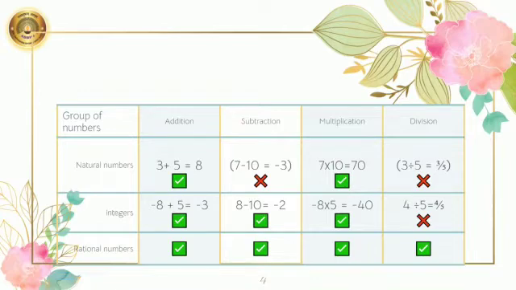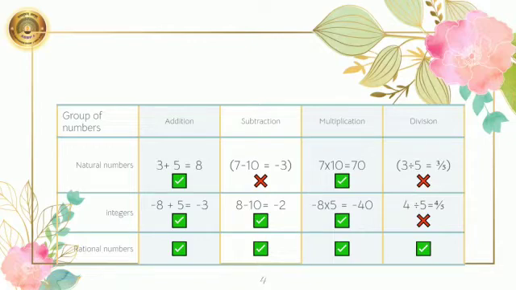Remember, you cannot divide by 0. If a natural number is added, the sum is always a natural number. So we put a tick mark under addition in front of the group of natural numbers.